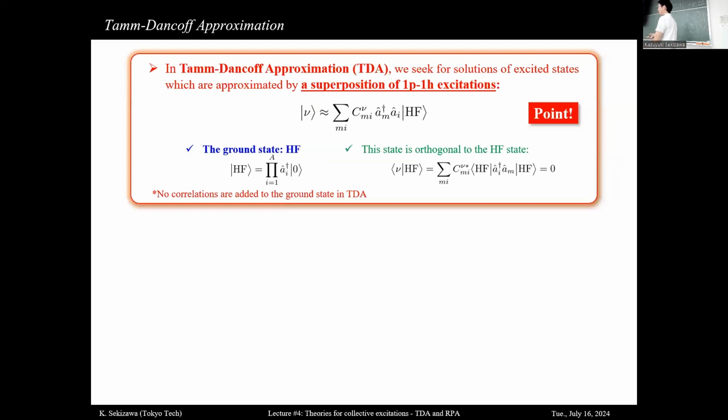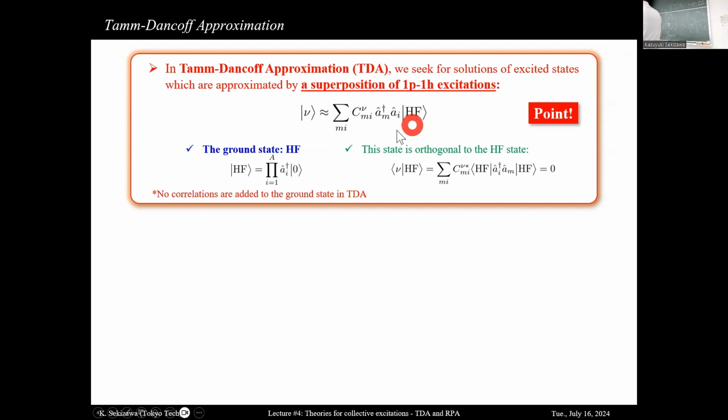In the Tamm-Dancoff approximation, TDA, we seek solutions for excited states which are approximated by a superposition of one-particle, one-hole excitations. I explained low-lying spectra with a single one-particle, one-hole configuration, but now we consider a superposition of various one-particle, one-hole excitations.